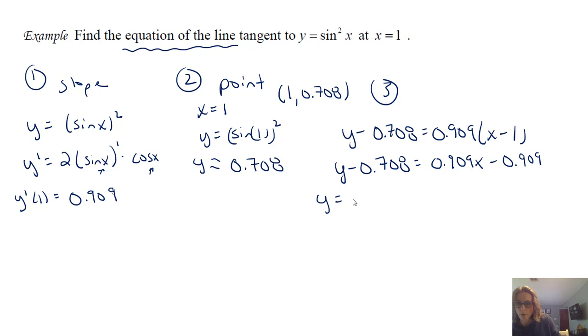We're going to add so that we can write this in slope-intercept form. That's really how we do all of these. And so we're going to add 0.708, so that should still give us something negative, and I have 0.201. Okay. So that is that problem, and that is the chain rule.